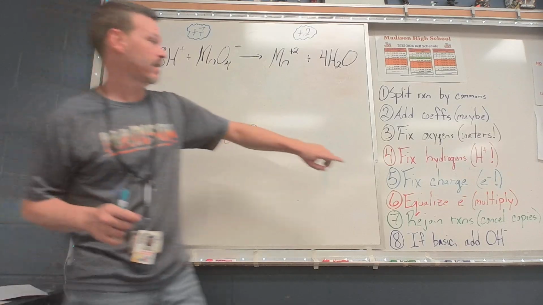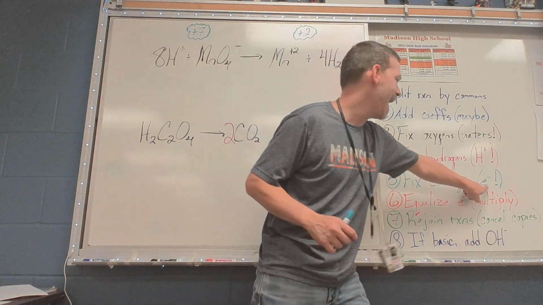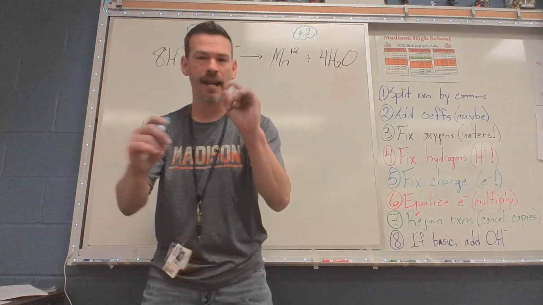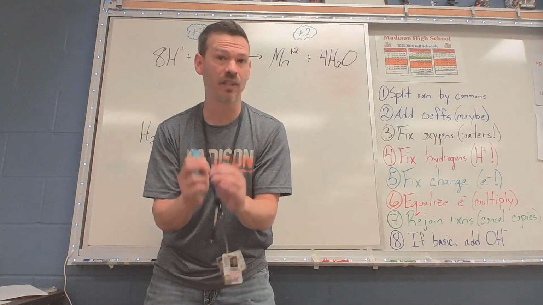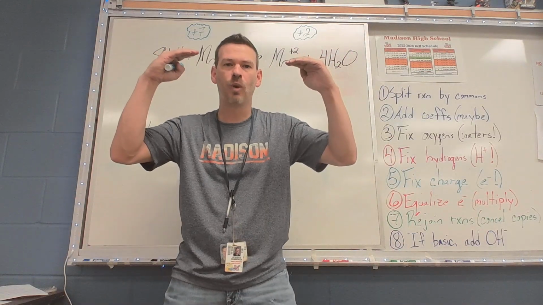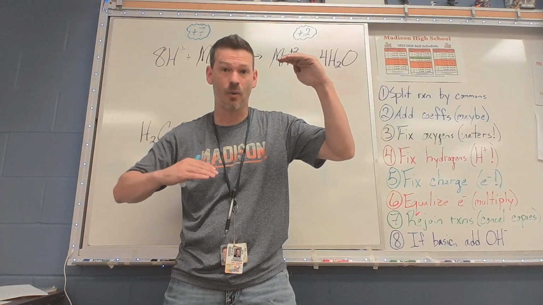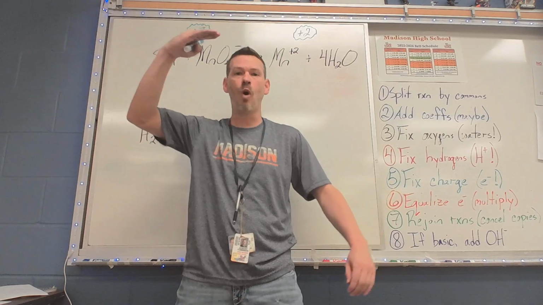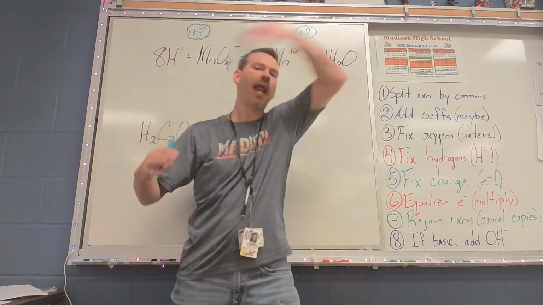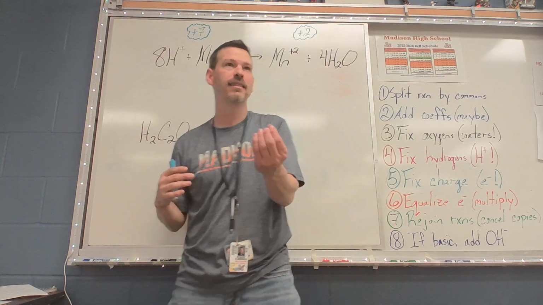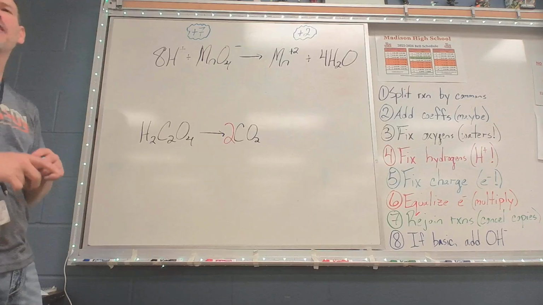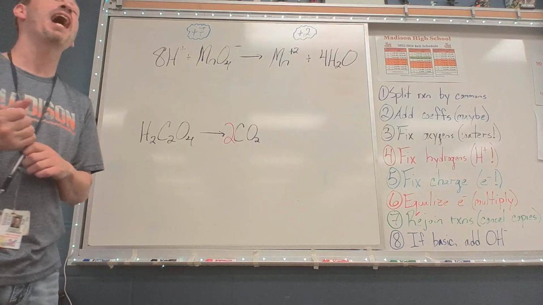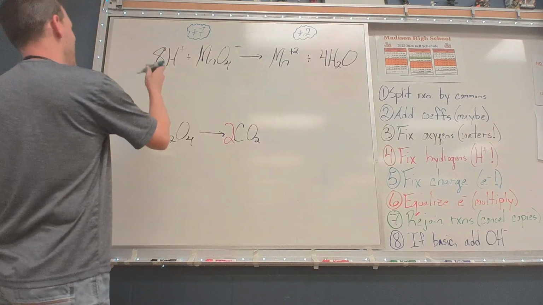In order to fix it, I'm going to add electrons. Now, keep in mind that adding electrons is a negative experience. If I add electrons to one side, it's going to bring down the charge. So to fix them, I'm always making one charge drop to whatever the other side is. So where should I add the electrons, left or right? To the left. How many? 5. Very good, y'all.